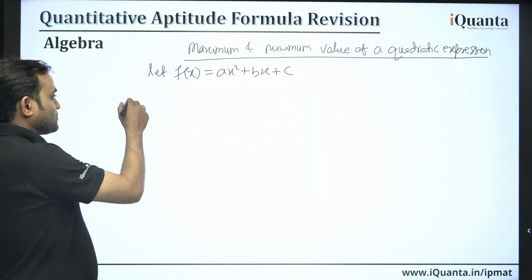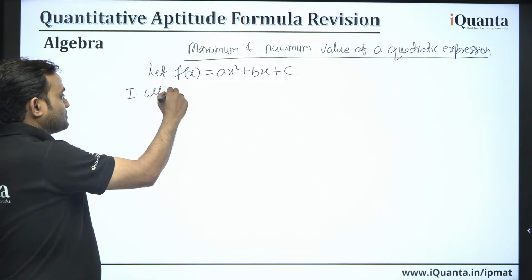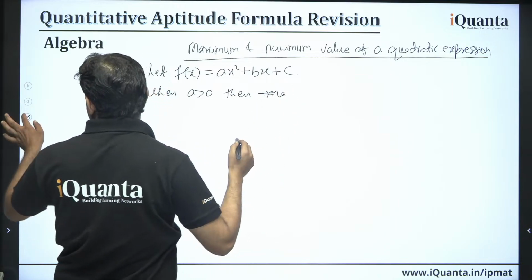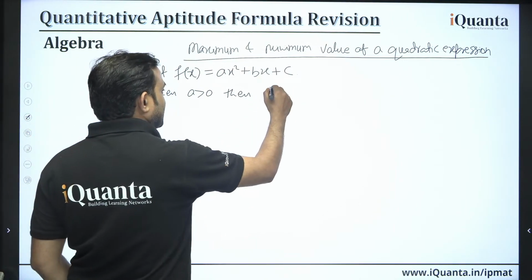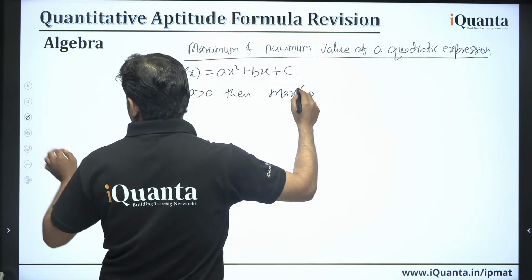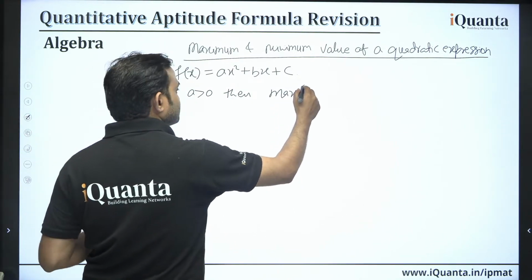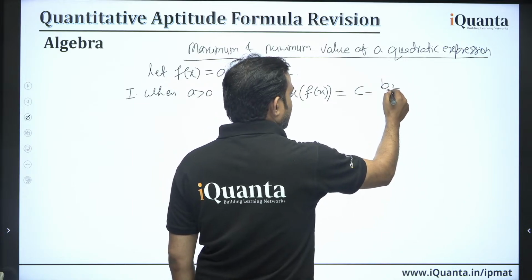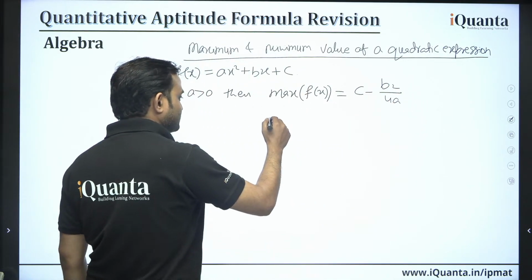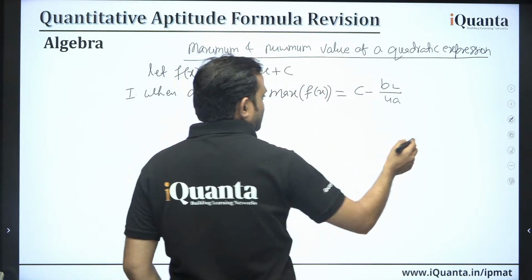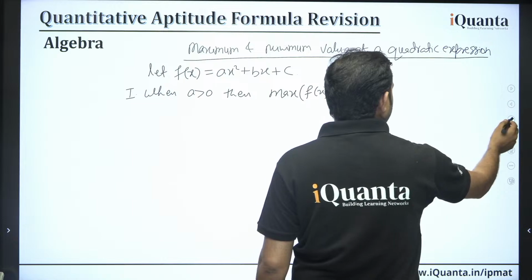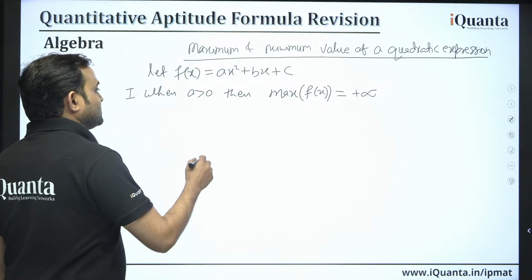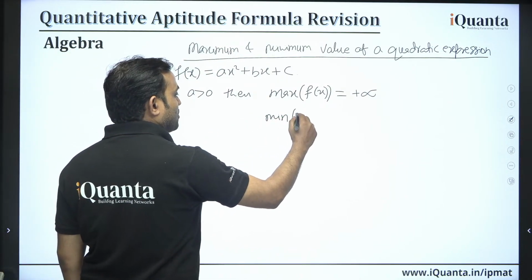Okay, so first point, when a is greater than 0, then the maximum value of f(x) will be plus infinity, but what will be the minimum value of f(x)?